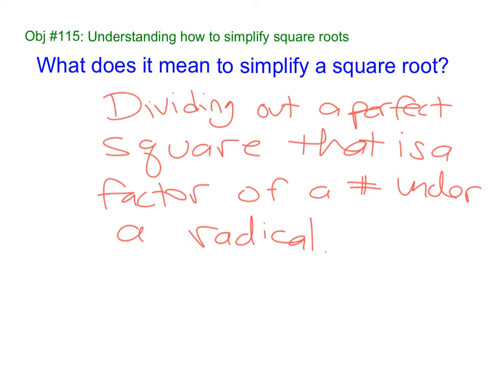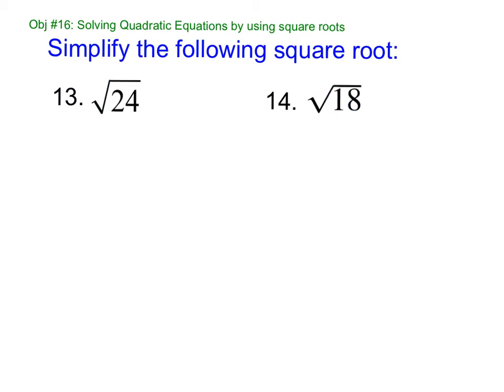So, for example, the square root of 20 has a perfect square in it. What perfect square goes into 20? 4. 20 is 4 times 5. So we kind of take that 4 and we're going to get it out of the square root. Right? So again, we did do this last year.